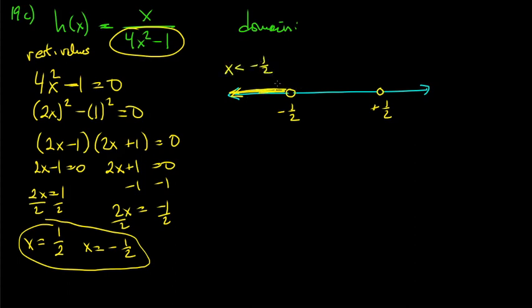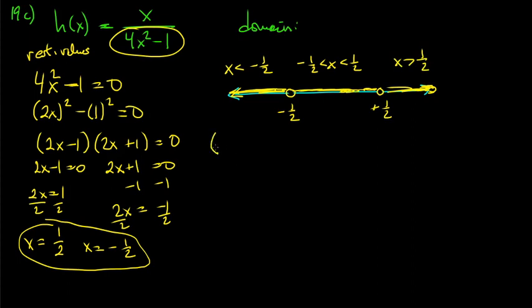Right? All of these numbers here. All of these numbers between negative 1/2 and positive 1/2, right? Like 0. 0 is in here, right? 1/4 is in here. All those numbers, right? And also everything greater than 1/2. So all of these numbers as well, greater than 1/2.